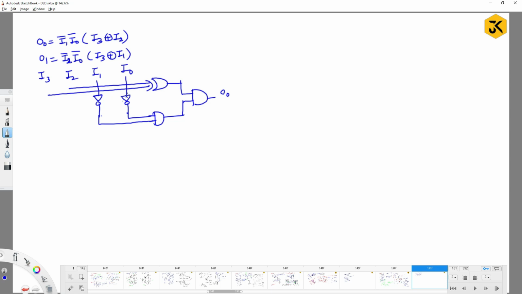Similarly, for O1, you have to make sure of I3 XOR with I1, right? I3, and if I take this one like this, I3 XOR with I1. Here I have taken it as I0.